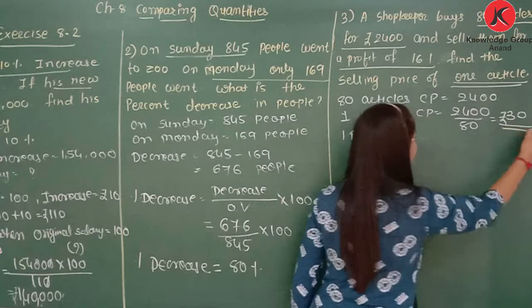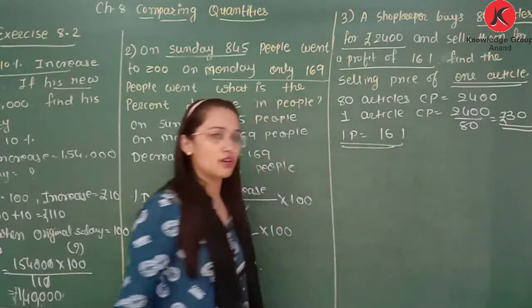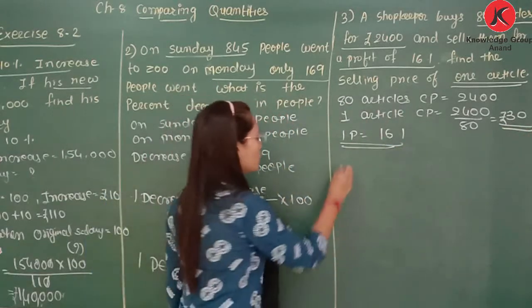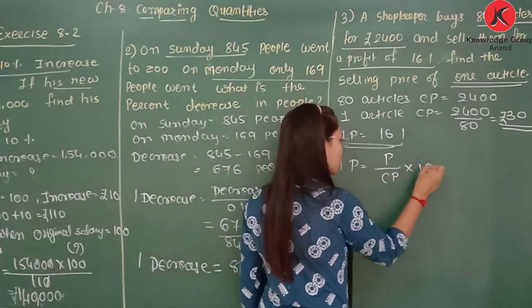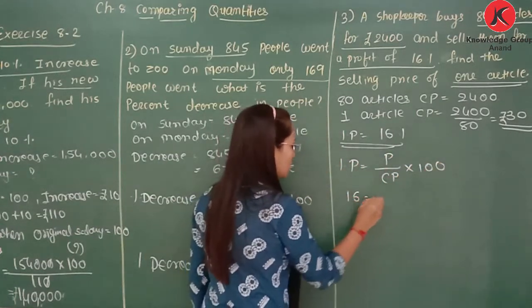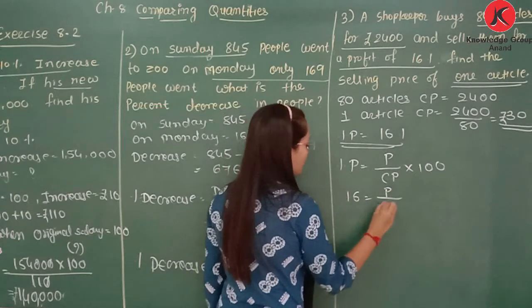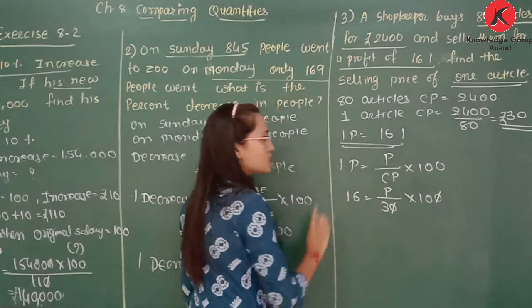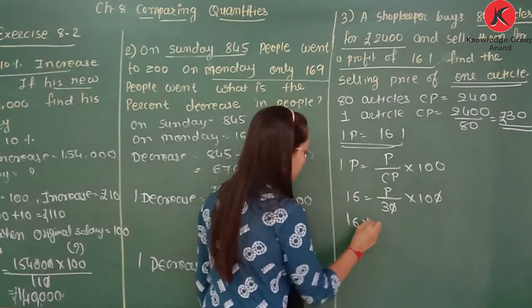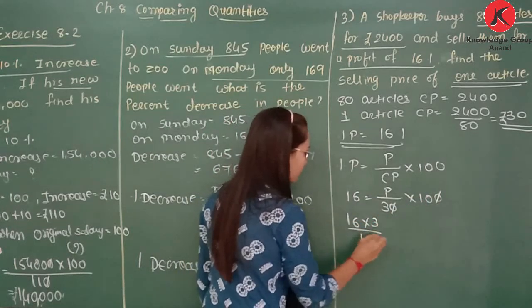Now if CP is given and percentage is given, we can use the equation. So percentage profit is equal to profit divided by CP into 100. So 16, profit, CP is 30, multiplied by 100. 3 is in multiplication and 10 is in division.